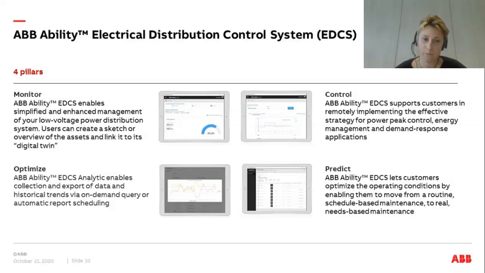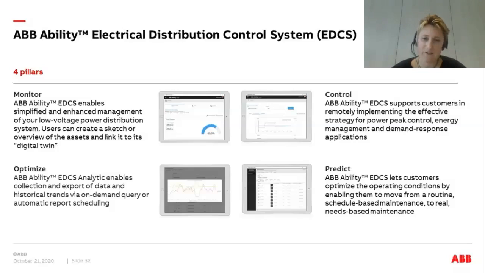We have 4 pillars. One is monitor, used for supervising the electrical system. We have optimize, with the possibility to analyze the relevant information and improve the use of the assets to take decisions. Control, instead, remotely implements power management strategies for saving energy.